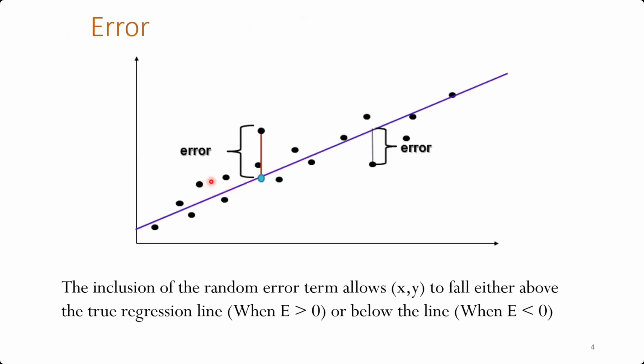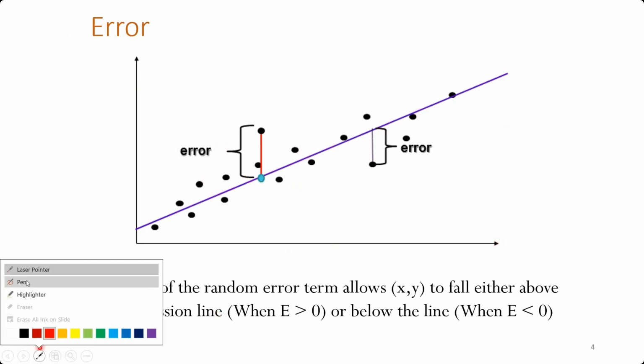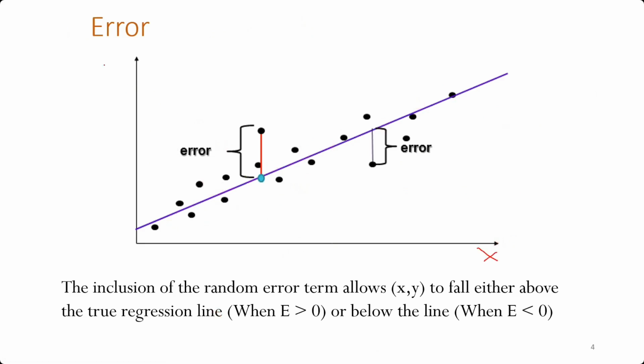In general, this is a representation of a regression analysis model. If we plot these points in a two-dimensional feature space, on this axis we have x and this is our y-axis.